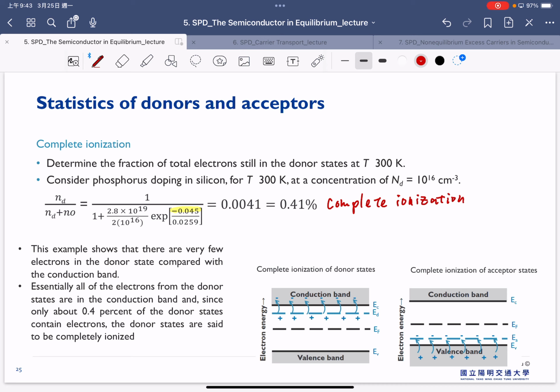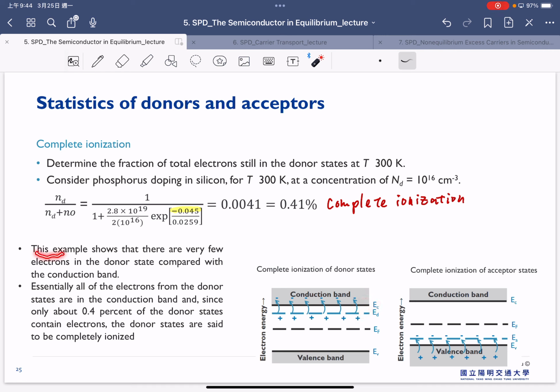That's why in the silicon case, this is usually not a problem. We often don't need to talk about the issues of the donor state, because whatever we dope into our semiconductor, more than 99% will contribute electrons, since the ionization energy is very small.